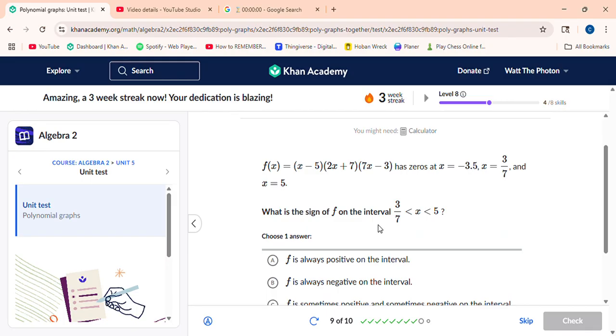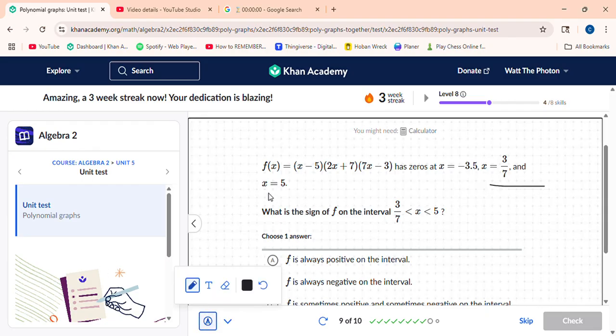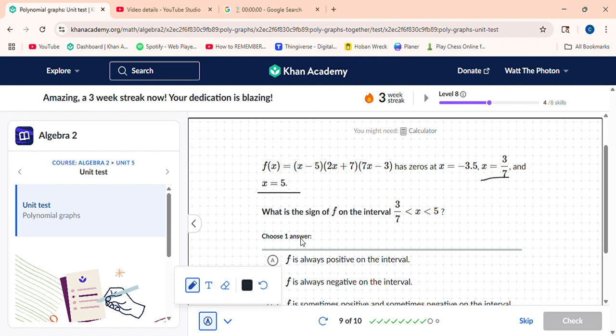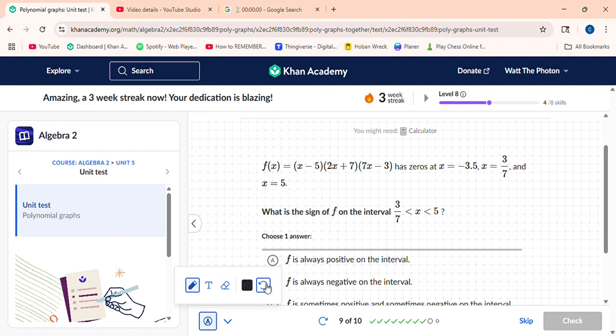What sign does f of x have on the interval? So we can put 0.5 or 1. 1 works. So do we have anything in between 0.75 and 5? No, we don't. That's whatever sign it will be on. It will always be the same.